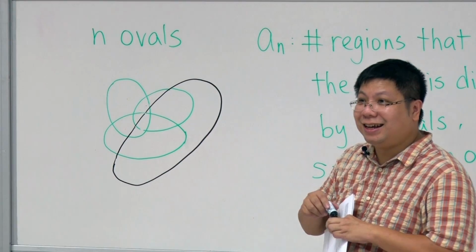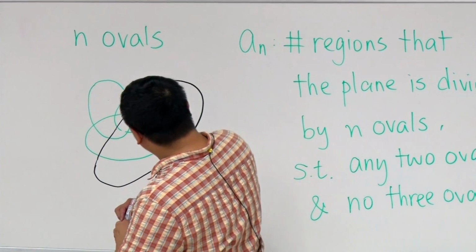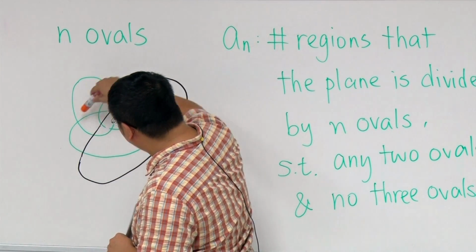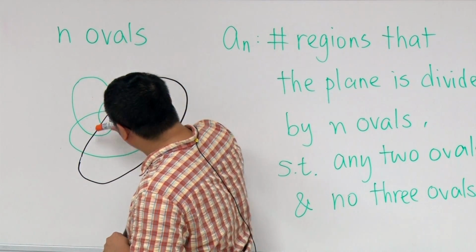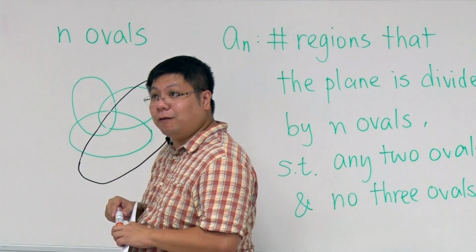We are intersecting every oval at 2 points: this one intersects these two at 2 points, and so on. So it fits.